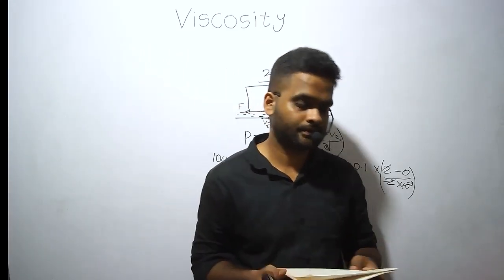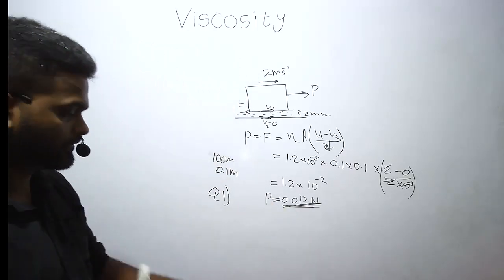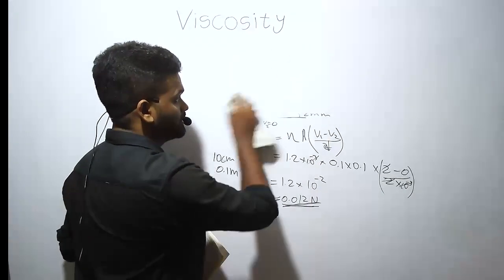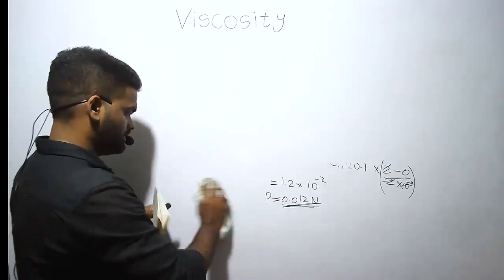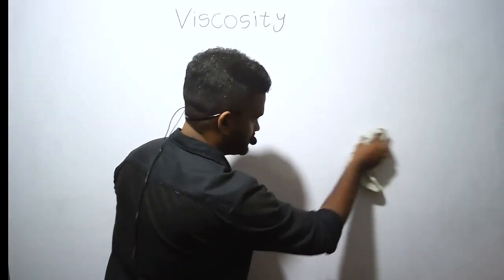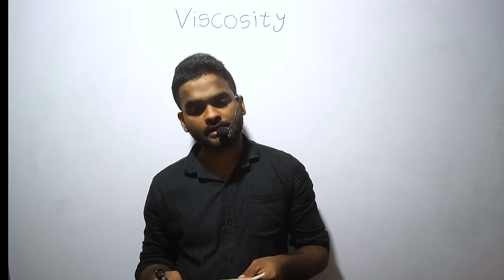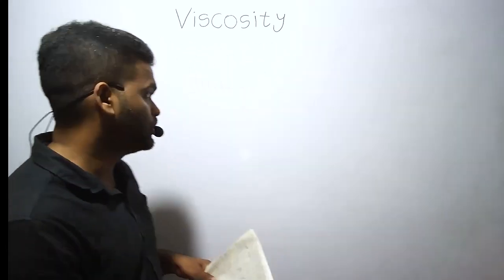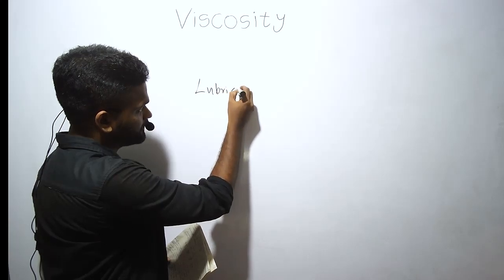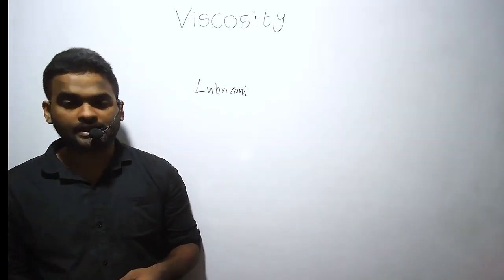Write this down. To decrease the friction between mechanical parts, lubricant oils are used.